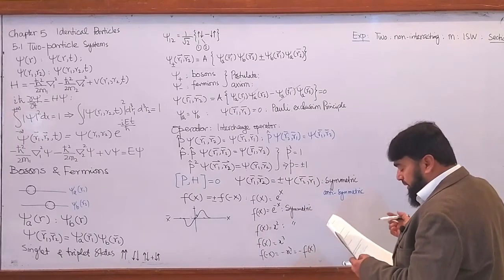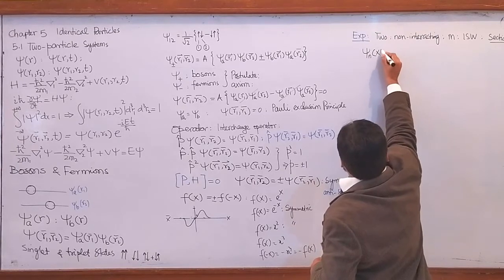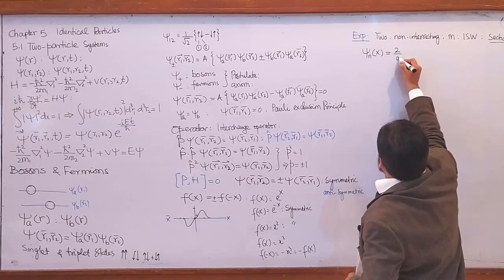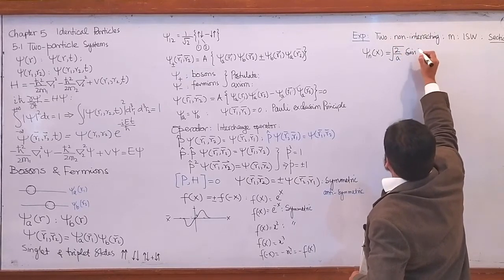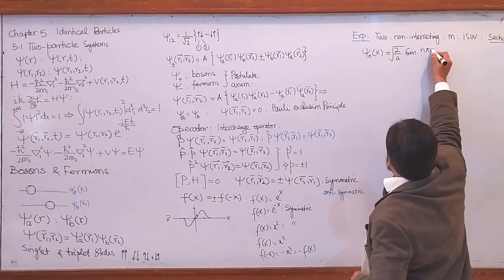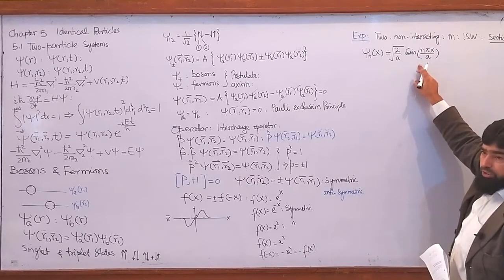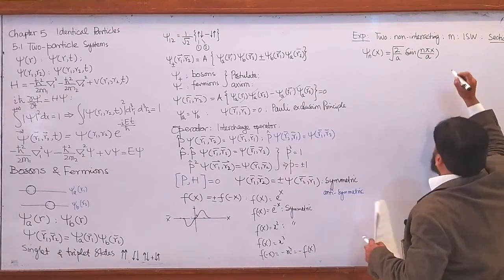For the one-particle state, psi n of x, the wave function was the square root of 2 over a, times sine of n pi x over a. I am considering it in one dimension; psi n is a function of x only.